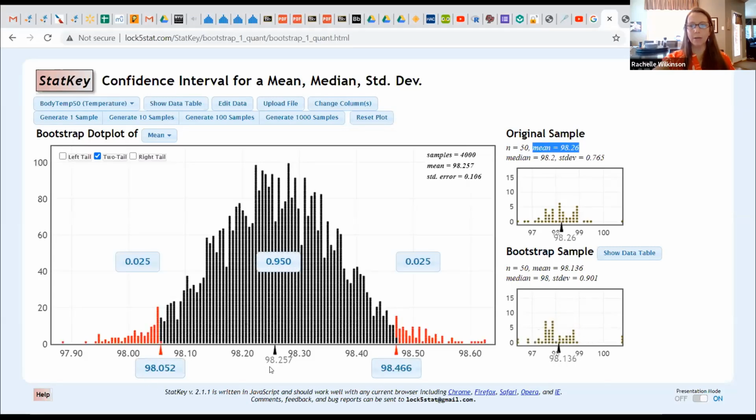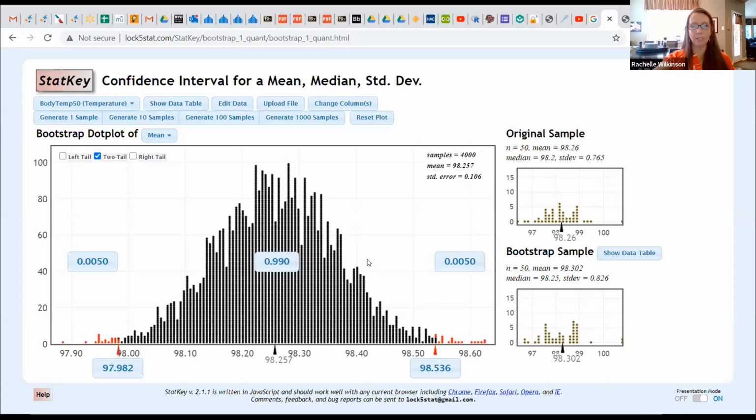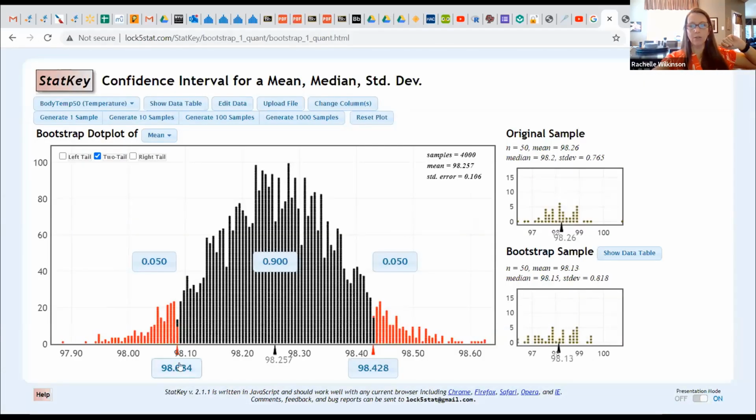Watch what happens to my upper and lower bounds if I change this to a 99% confidence interval. So you can see that the red part got smaller, so my confidence interval got wider. And if I go the other way and put in 0.90, ooh, now you can see that my confidence interval got narrower.